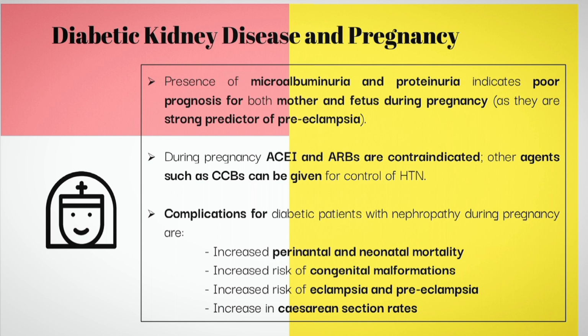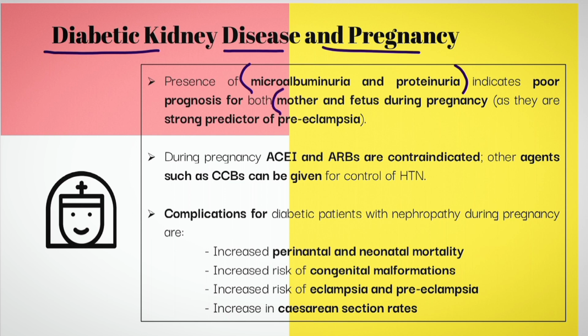Now let's discuss the association between diabetic kidney disease and pregnancy. When there are microalbuminuria and proteinuria during pregnancy, it will be a poor prognosis for both the mother as well as the fetus, as this condition can lead to the development of preeclampsia.